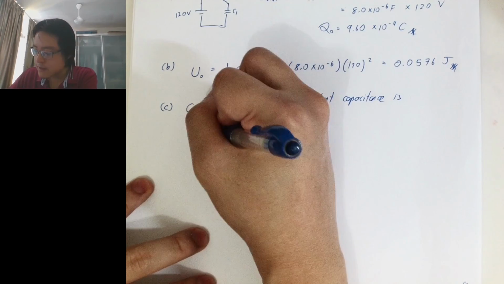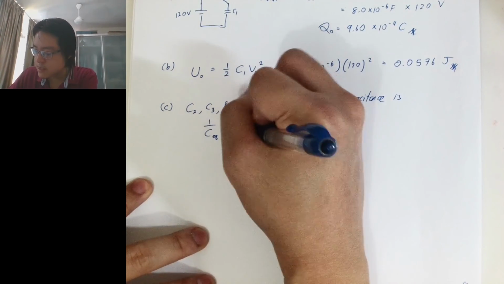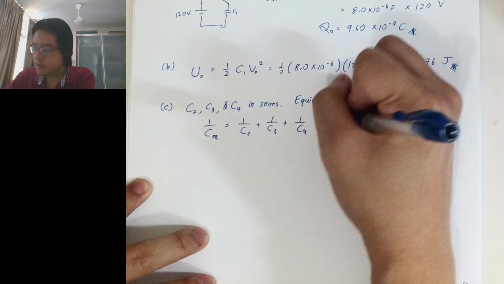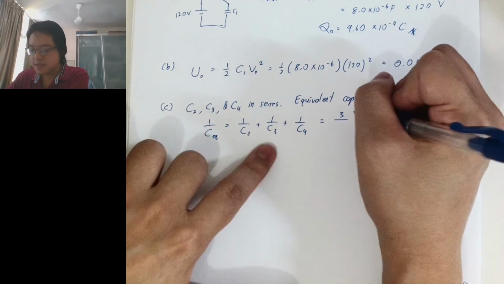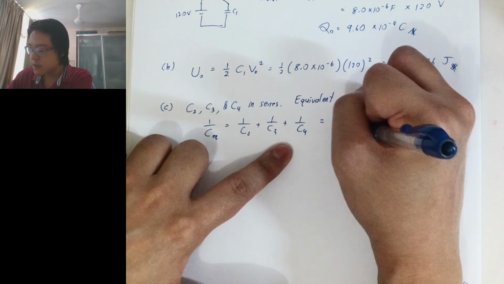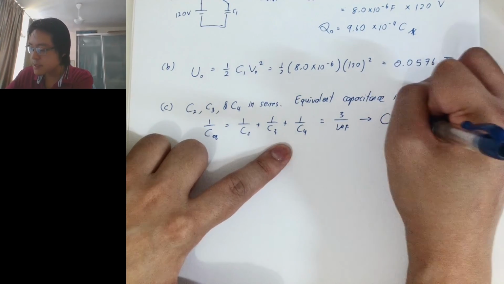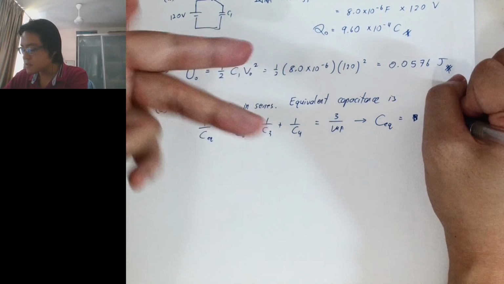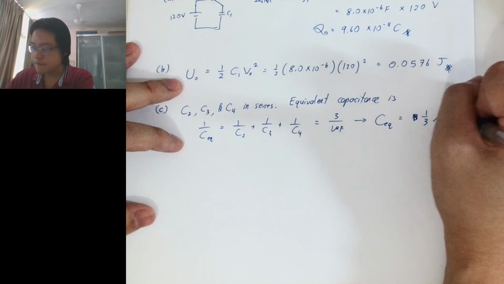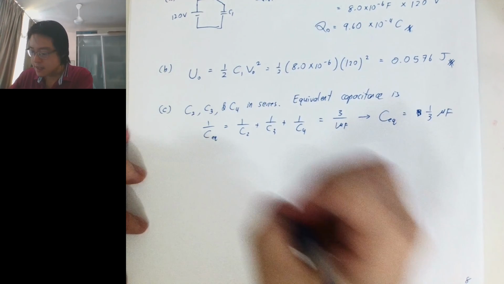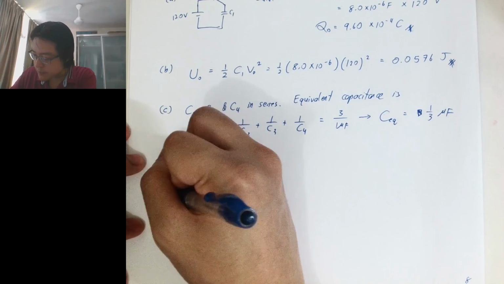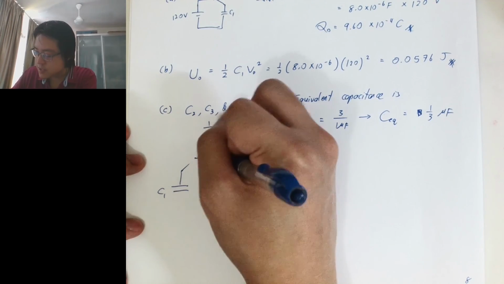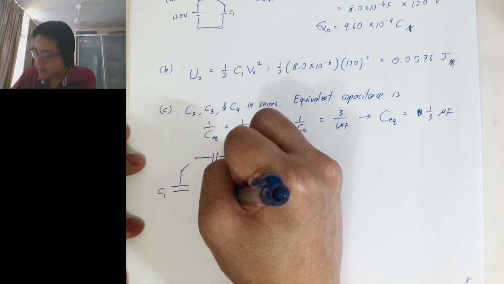So I get 1 over C equivalent equals 1 over C2 plus 1 over C3 plus 1 over C4. Every capacitance here is 1 microfarad, right? So I get 3. No, flip this, I get 1 over C equivalent is 3, so C equivalent is 1/3 microfarad. What is happening here is I move the capacitance C1 here, and then I attach this switch to C2, C3, and C4.